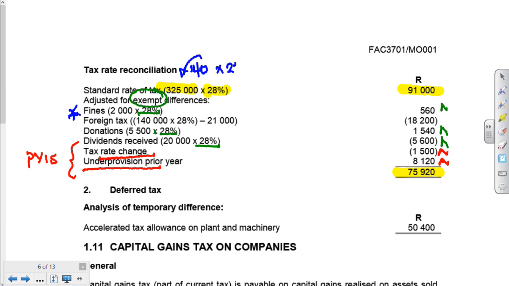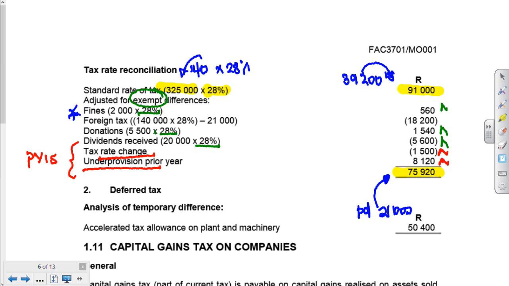At 28%, the amount sitting in here is 39,200. However, the amount that's been paid was only 21,000. Agreed?